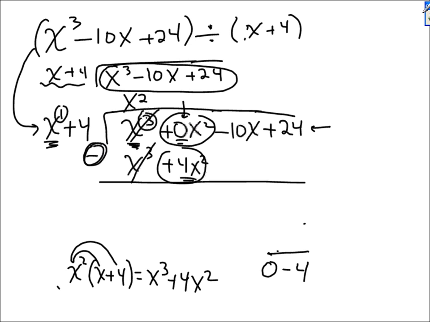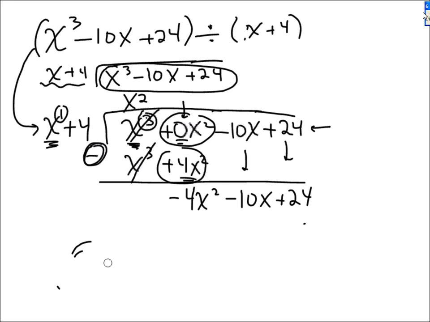Well, if you read it backwards, you'll almost have the answer. 4 minus 0 is 4. Change the sign, and you'll have the exact answer. Negative 4 what? X squared. And I like to bring everything down. Minus 10x plus 24. Now, it's a brand new problem again.